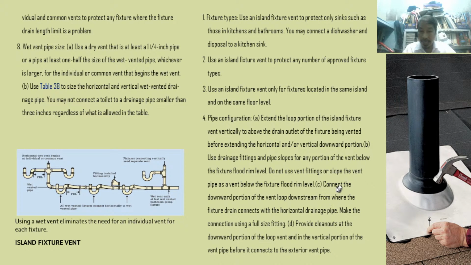Provide cleanouts at the downward portion of the loop vent and in the vertical portion of the island. It uses looping of the pipe vent. So there is a loop.